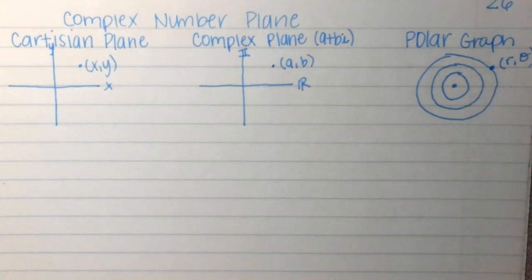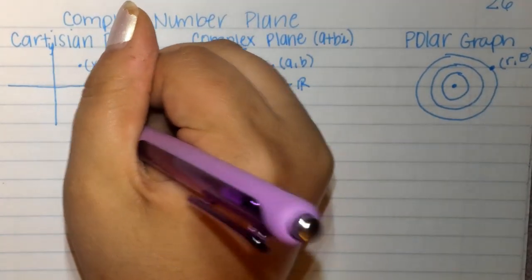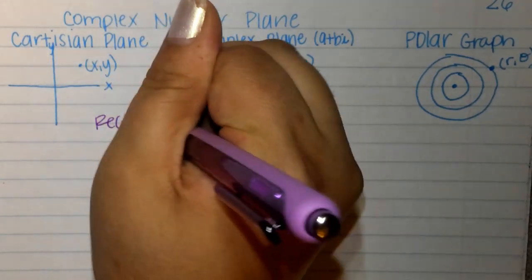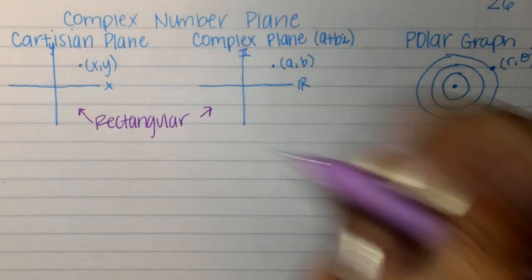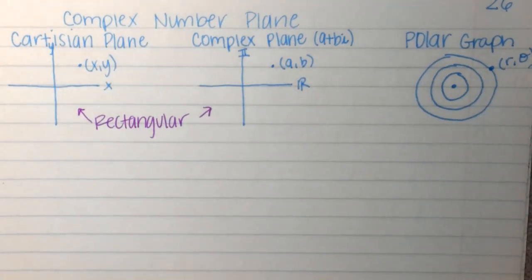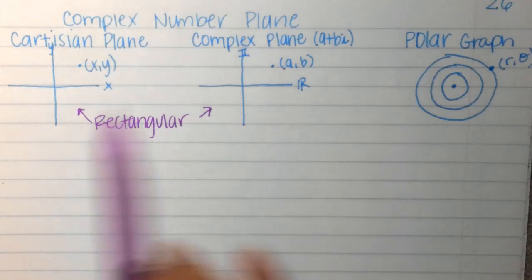Both of these, do you agree, are rectangular? If I were to outline them, I could make a rectangle. So both of those are rectangular, so it's very easy to convert from one to another.